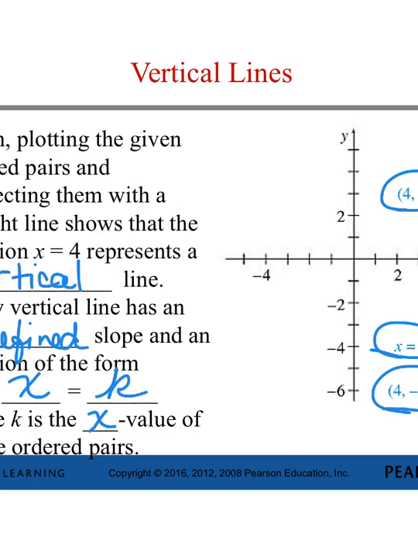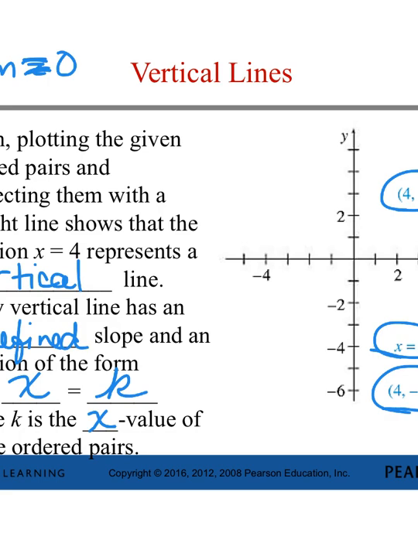Now, since I know that it is entirely possible that you will get confused, I'm going to give you a little way to help you remember this. Horizontal lines are flat. That means their slope is equal to 0. And that's because they go back and forth. They're flat.